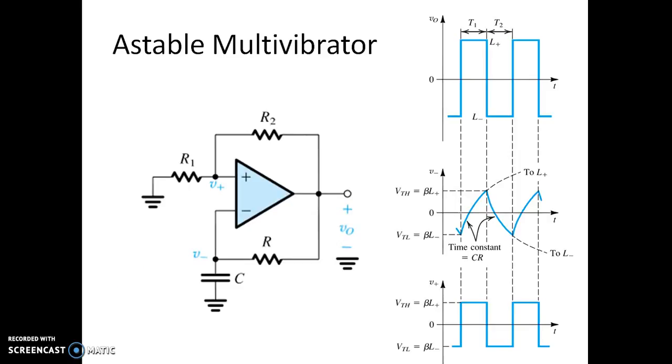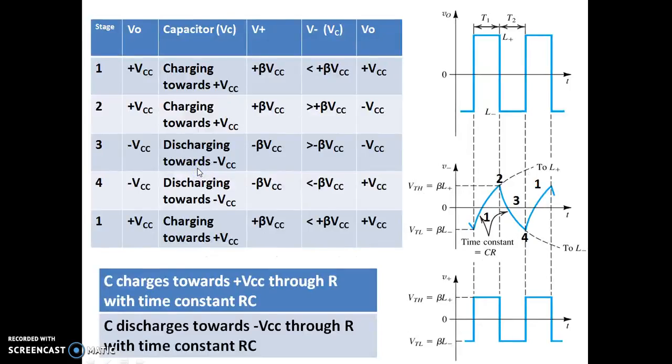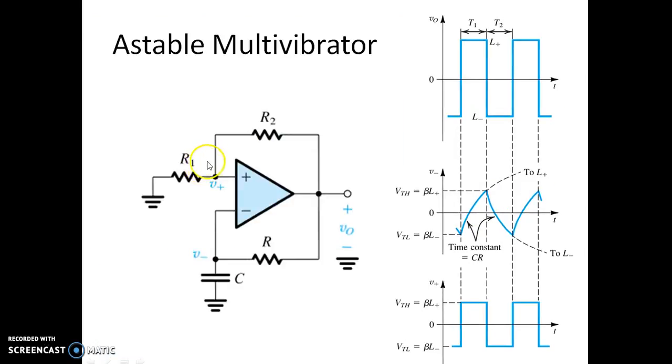Now this is the actual circuit diagram of the Schmitt trigger. We have the Op-amp, and R1, R2 are used for providing the positive feedback. If you carefully observe, R1 and R2 are connected to the non-inverting terminal. If the inverting terminal were connected to an input source, this would look like an inverting Schmitt trigger.